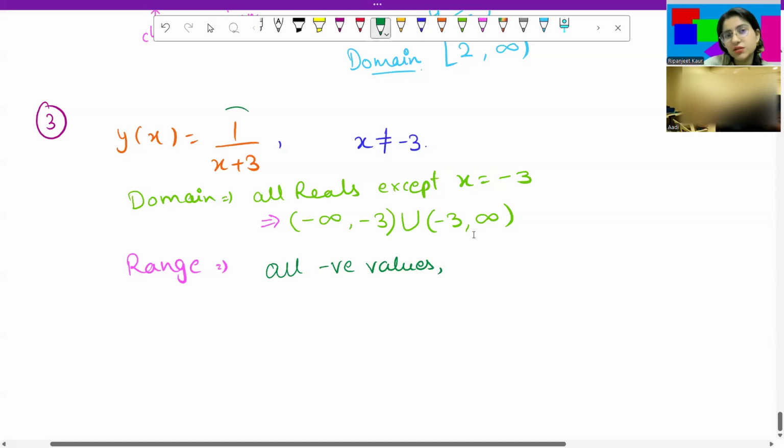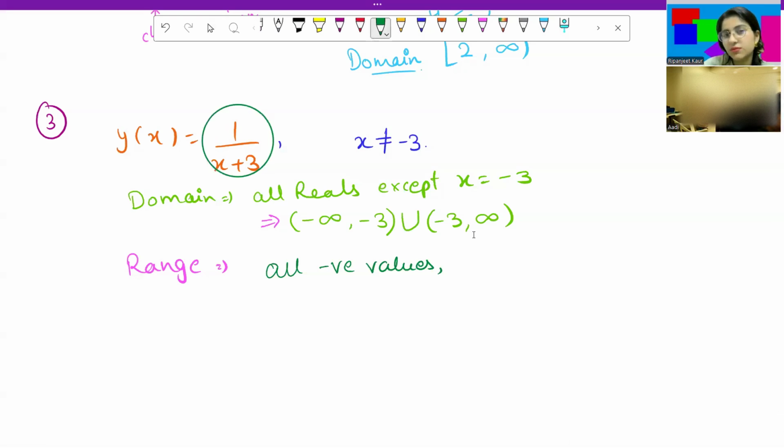No, can the answer of this whole thing be 0? No. But do you think positive values can be there? We are talking about y, right? Positive values for y. Yes. Whatever is the answer of this will be our y. Do you think the answer can be positive and negative values?